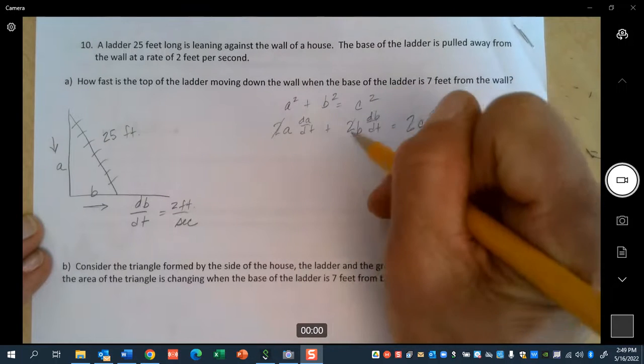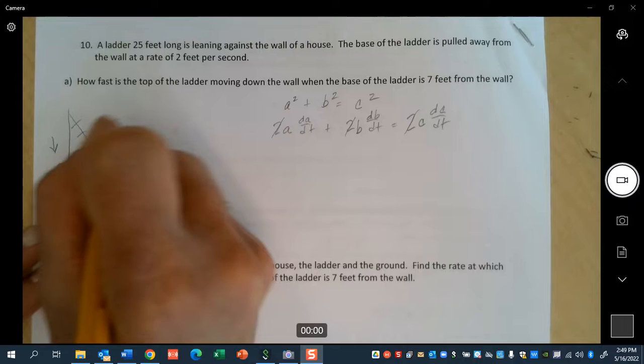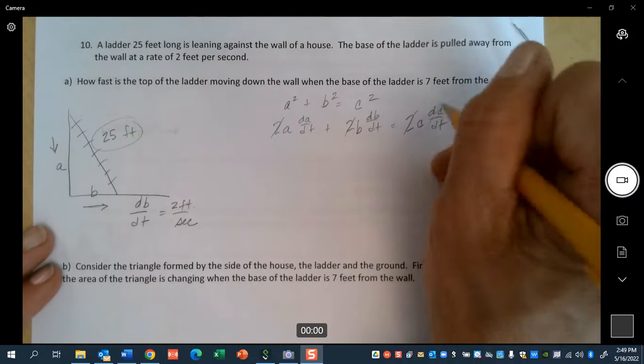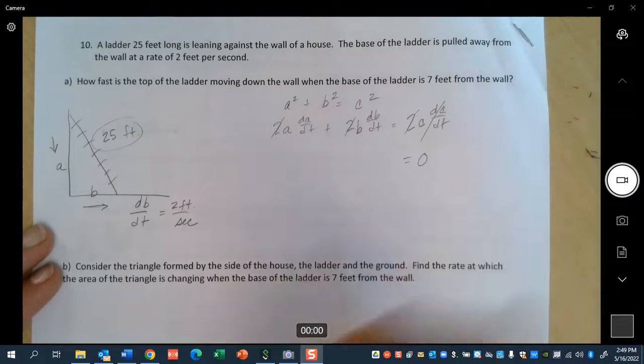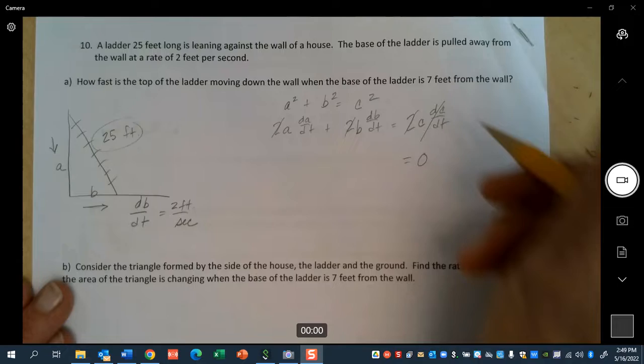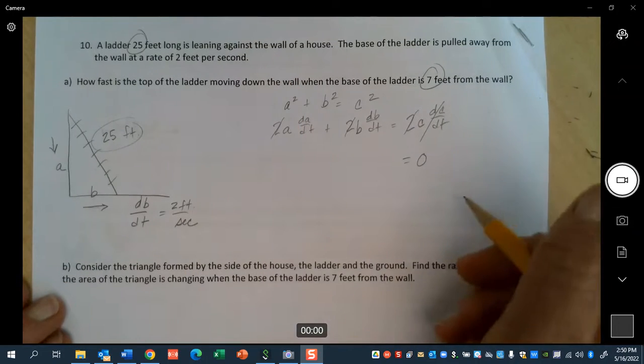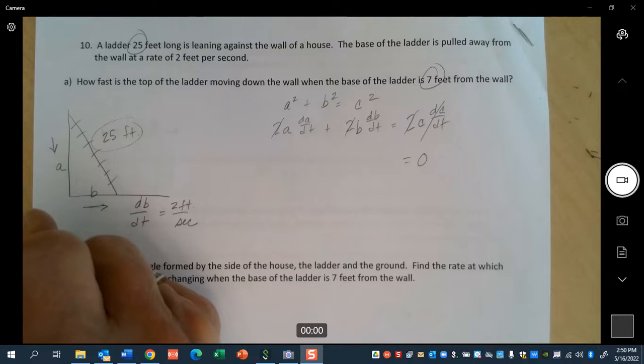Because you know right away you're going to be able to cancel out those 2's, and you know right away something's a constant and not changing.